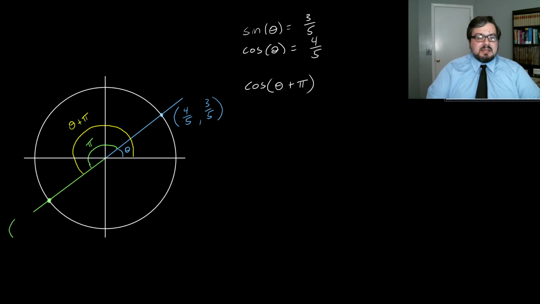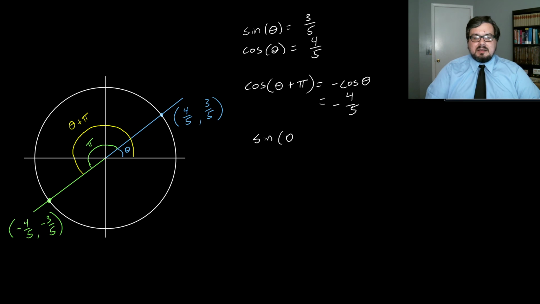And so in particular, its coordinates are just going to be the negatives of the coordinates of the blue point in quadrant 1. So this means that cosine of theta plus pi is going to be the opposite of cosine of theta, which gives us negative 4/5.